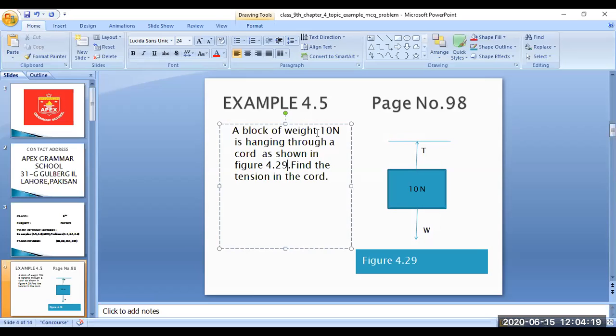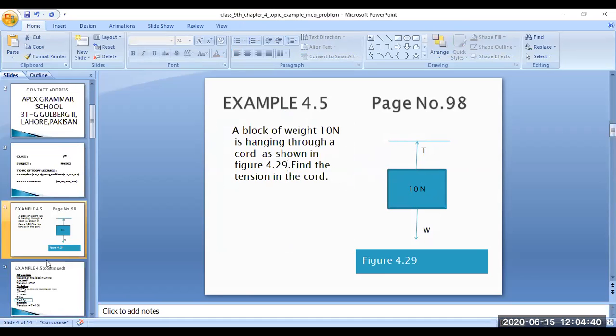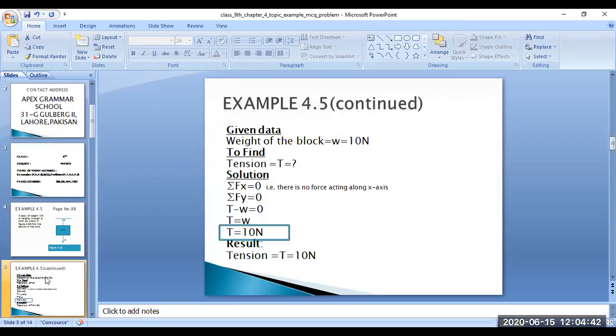A block of weight 10 Newton, this is the block, is hanging through a cord, this is the cord. We need to find the tension in the cord. This is the continuation of example 4.5.